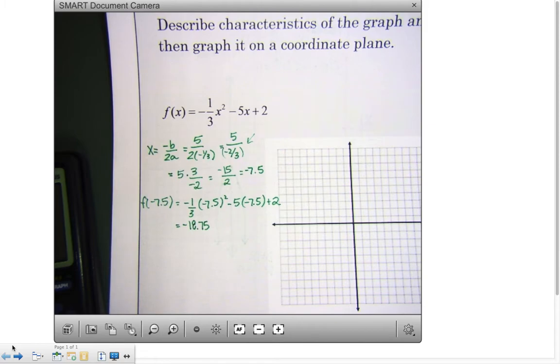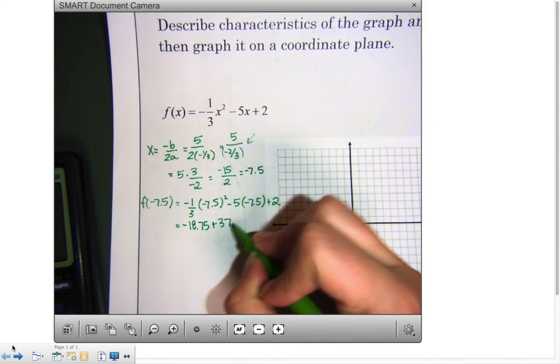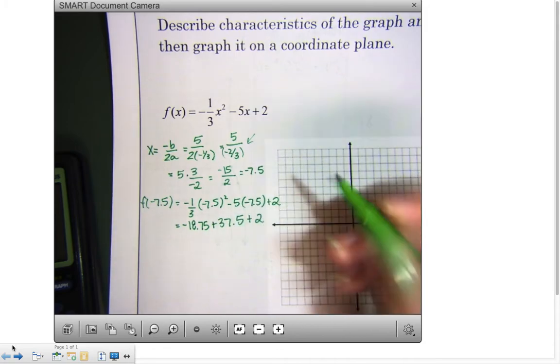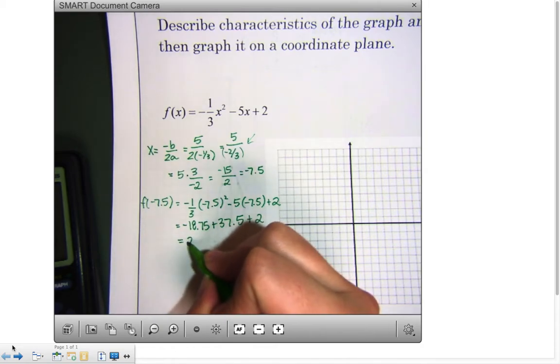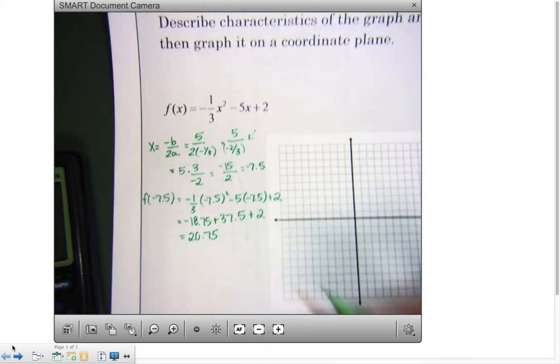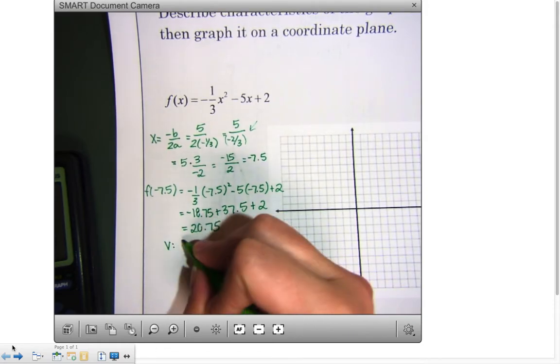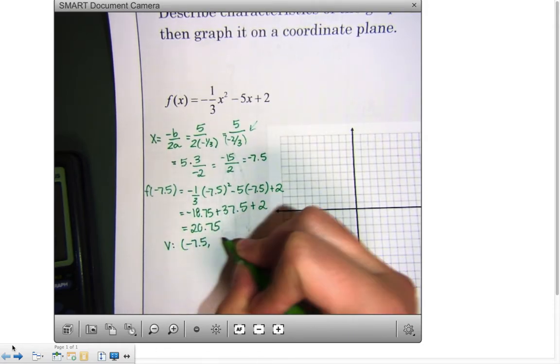Negative 5 times negative 7.5 plus 37.5 plus 2. That gives you 20.75. So your vertex is negative 7.5, 20.75.